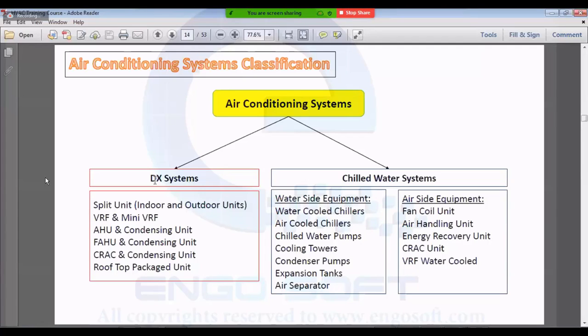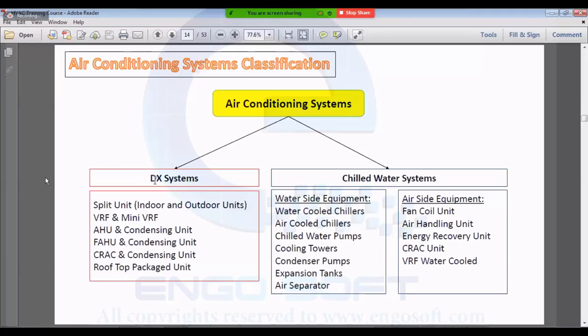Excellent. So direct expansion because the freon, the refrigerant, cools the air directly, while in chilled water systems, the freon cools the water, and the water cools the air.